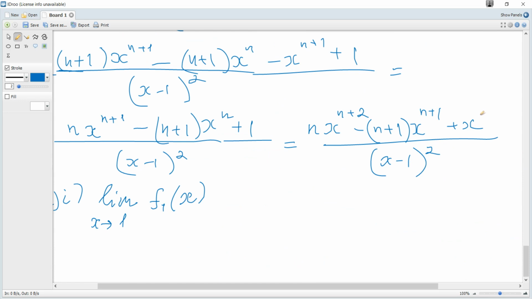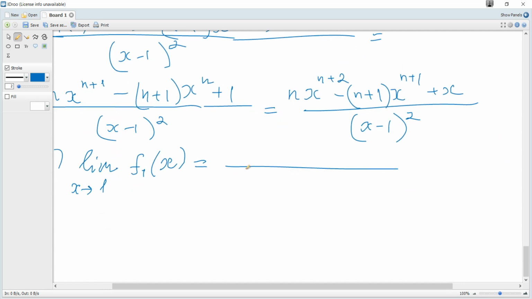It's this result, so we just substitute 1 for x, and we get n minus, let's expand it, minus n minus 1 plus 1, divided by 1 minus 1 squared. So it's 0 over 0, and it's in indeterminate form as required. 1 mark.